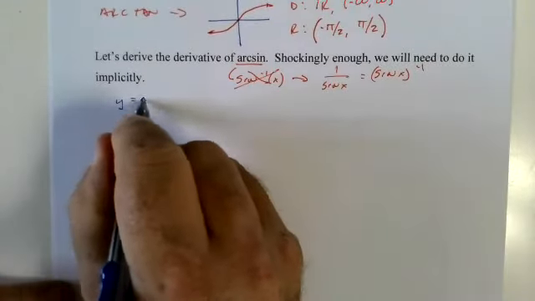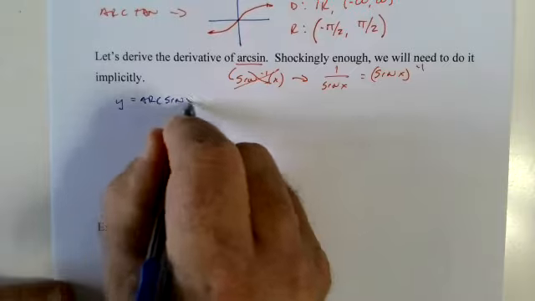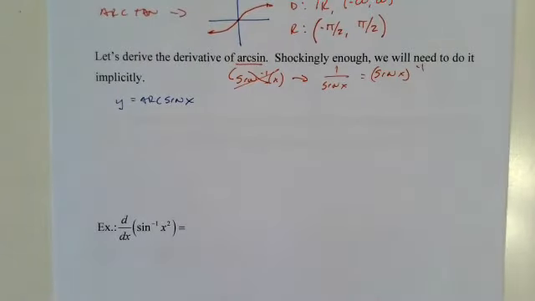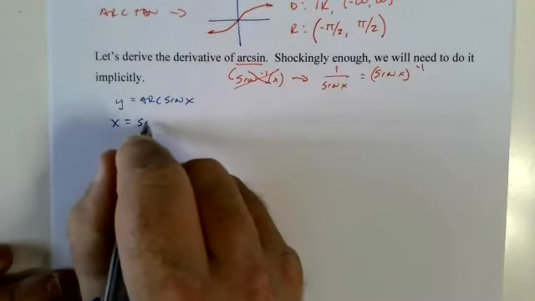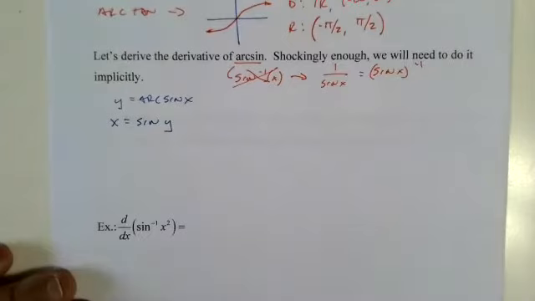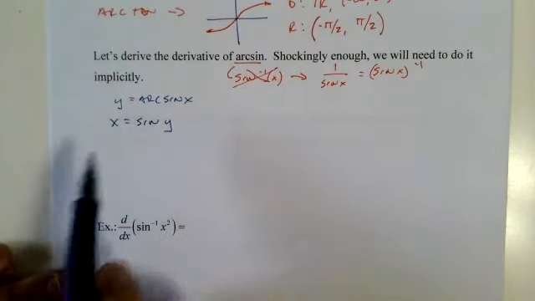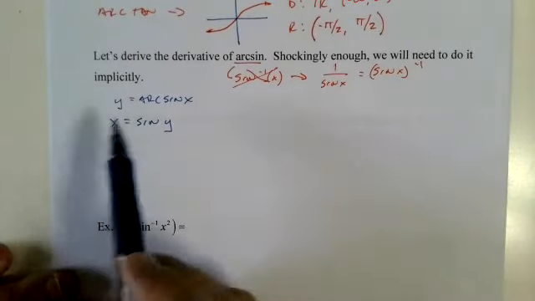Now, y equals arc sine x. I've spent a lot of time screaming at students in the past. I don't teach trig much anymore. Don't read that problem. Read x equals sine of y. So when someone says y equals arc sine, I say, where does sine of y equal x?